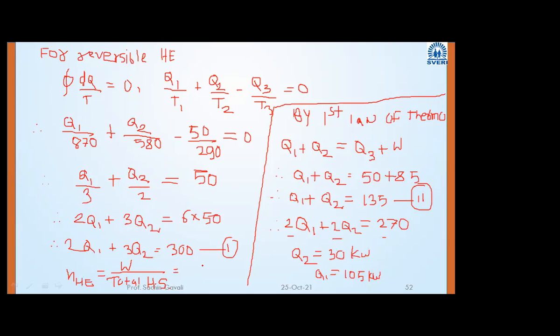Is equal to W किती आहे आपला, 85, and total heat supplied किती येते, Q1 Q2 घेतलं, इक्वेशन नंबर 2, 135. How much it is coming? Point मध्ये लिहा किंवा पर्सेंट मध्ये लिहा. How much it is coming? At least tell that thing. तेवढं तरी सांगा.